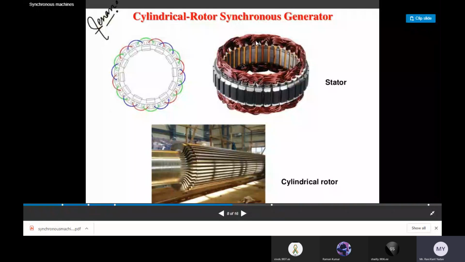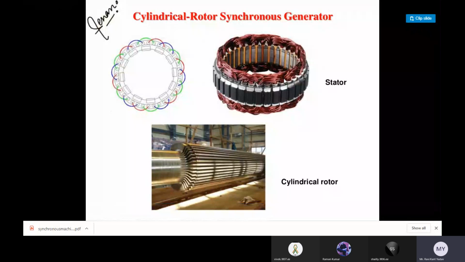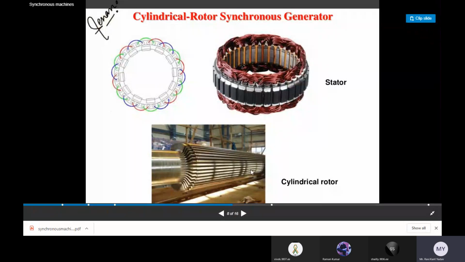This is the actual view of the stator, and this is the actual view of the rotor having field winding, and the stator having armature winding with three-phase winding, as discussed for the three-phase induction machine. RYB are the phases of the stator. The same phases are in the synchronous generator. This is the rotor construction. The cylindrical rotor is here. These are the slots.